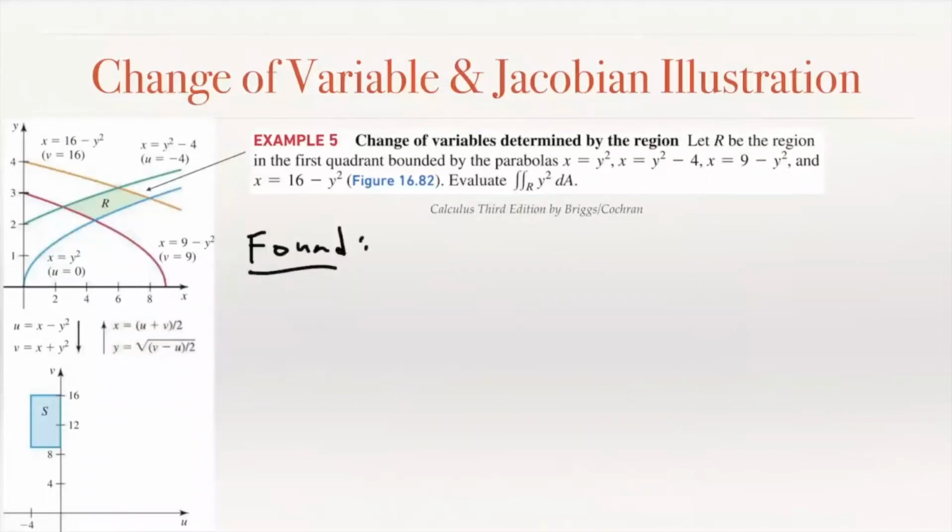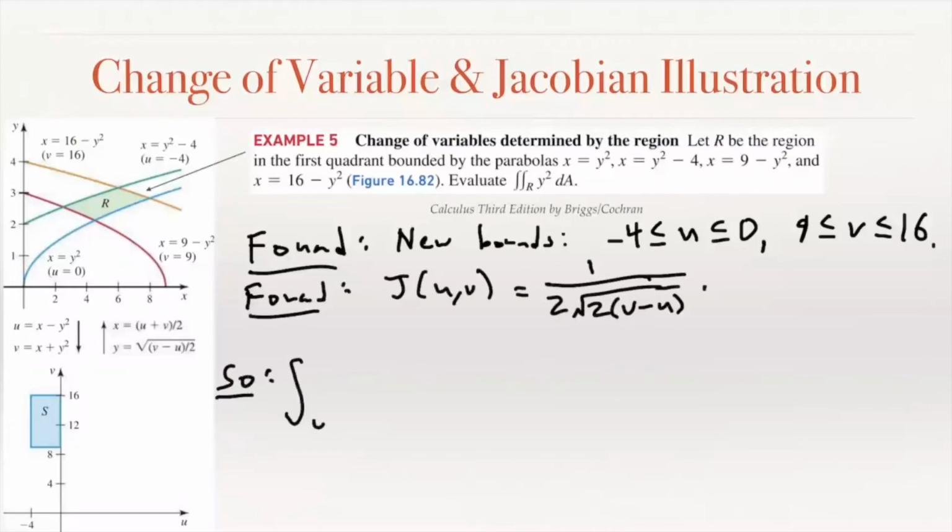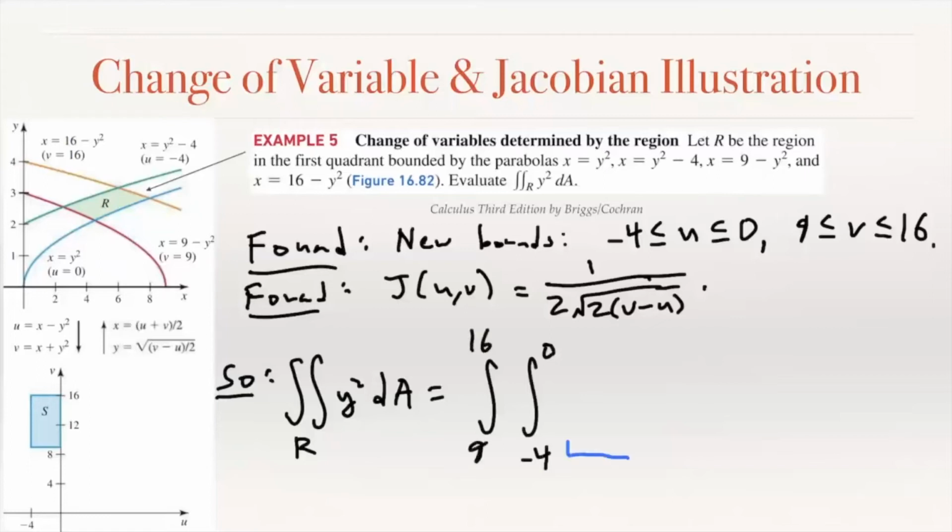Okay, so we found our new bounds, and we found our Jacobian. So now we can rearrange our desired integral. So the integral over that original region of y² dA is the integral from −4 to 0. This will be our du. And from 9 to 16, that will be our dv.